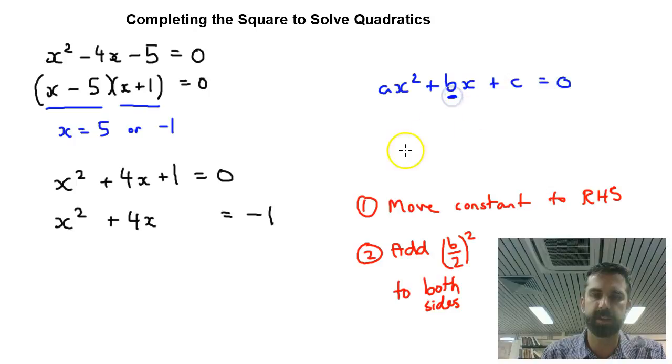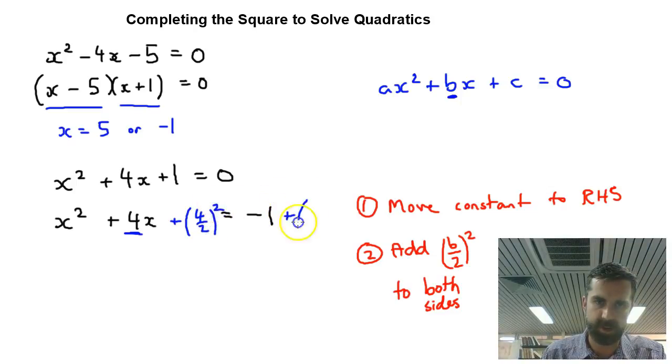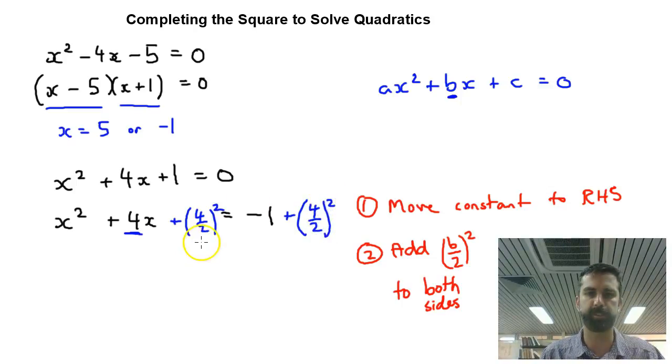So b is the coefficient of x. So in this case, b is 4. So what I'm going to do is add (4 over 2) squared to both sides of the quadratic.